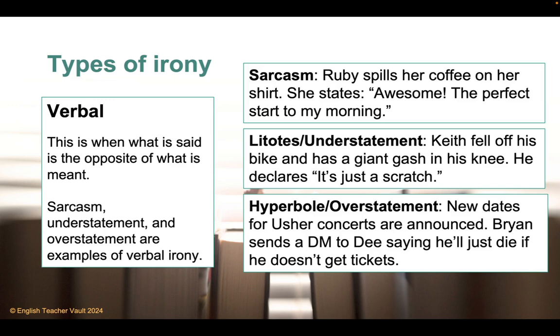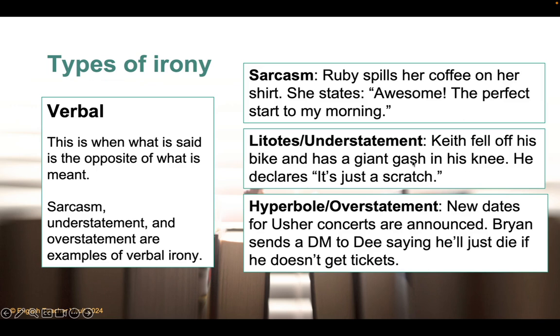Most of the time, verbal irony doesn't necessarily have that bite. It can just be that the person says the opposite of what they mean. And then there's hyperbole, overstatement, and understatement. These are other types of verbal irony.